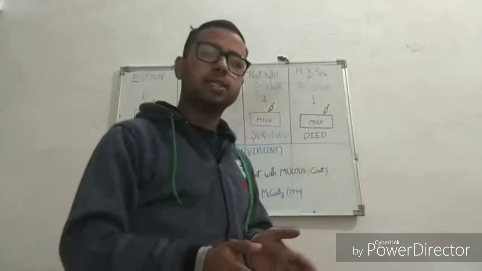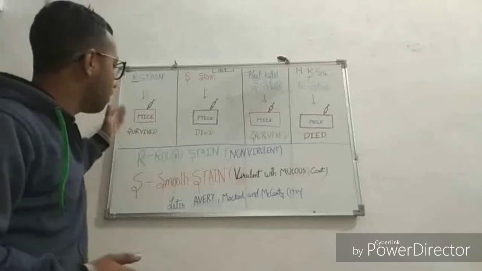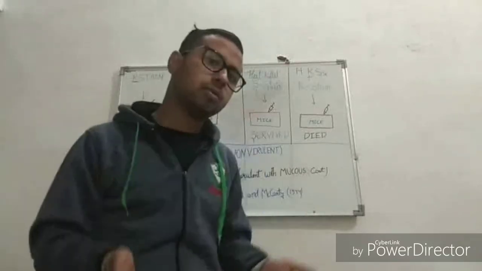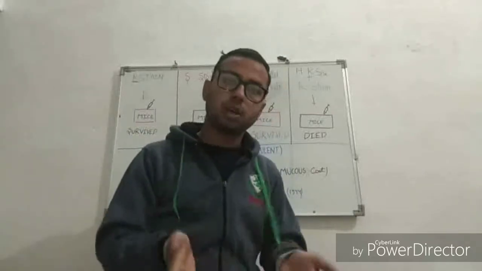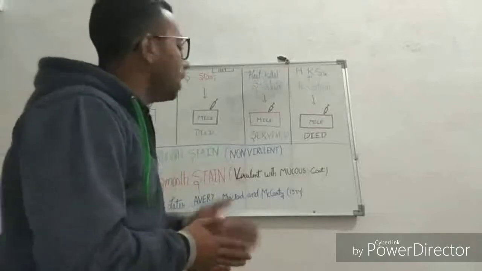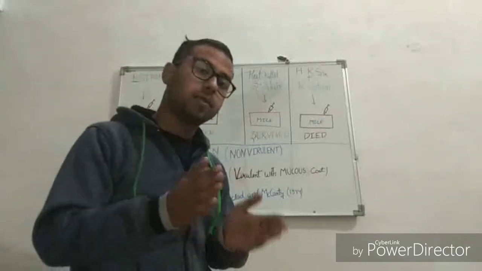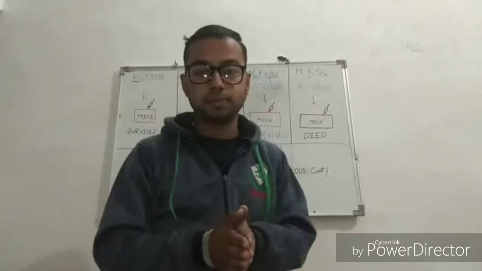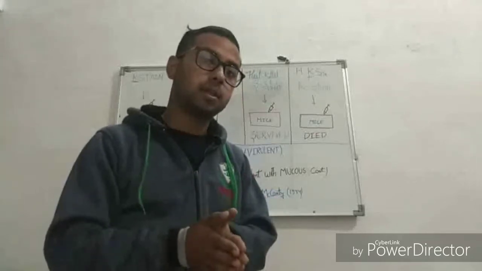First, he had injected rough strain of bacteria in a mouse. The mouse survived. It doesn't die of pneumonia because rough strain is non-virulent. Secondly, he injected S strain of bacteria, which is virulent, in a mouse, and he observed that the mouse died. The mouse doesn't survive because pneumonia occurs in it.